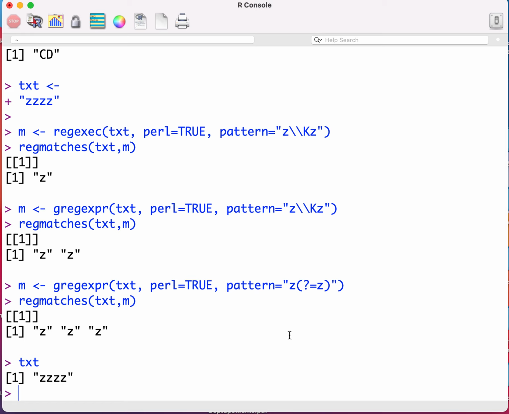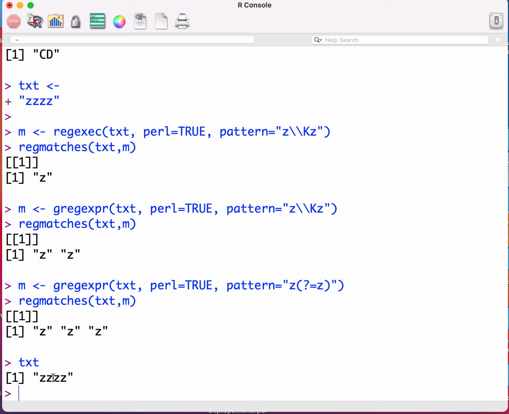Looking forward, look-aheads work differently. A look-ahead sees Z, goes, I get Z here. It's followed by a Z. I'm moving the cursor back. It prints Z. Prints what it saw. Now it starts again. A Z. It looks ahead at another Z. Oh, another match. It moves back.